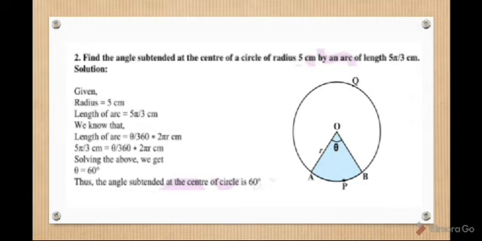So in place of length of arc put 5 pi by 3, in place of r put 5 because radius is 5 given. If you solve this equation you will get theta is equal to 60. That means the value of this angle will be 60 degree.